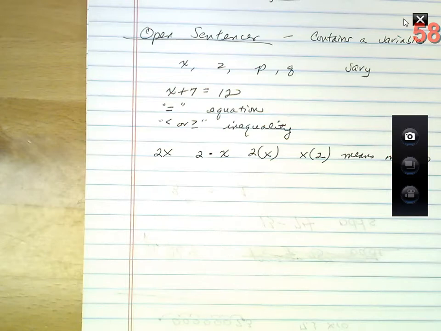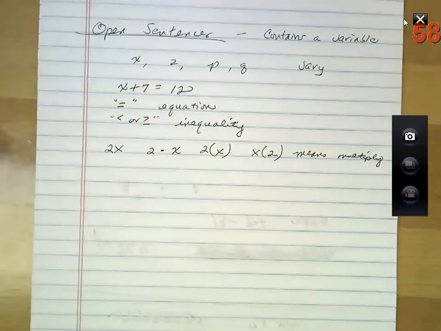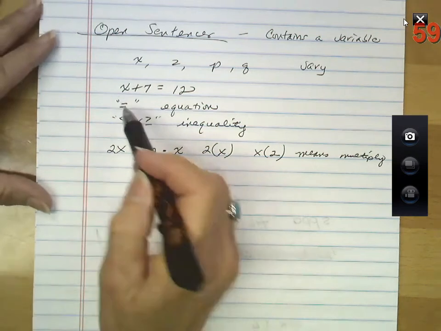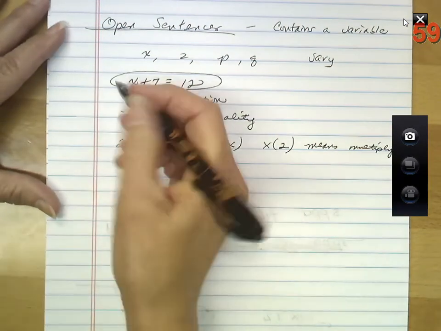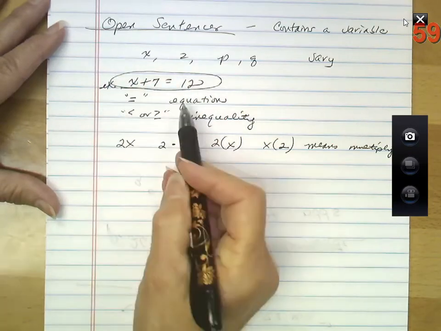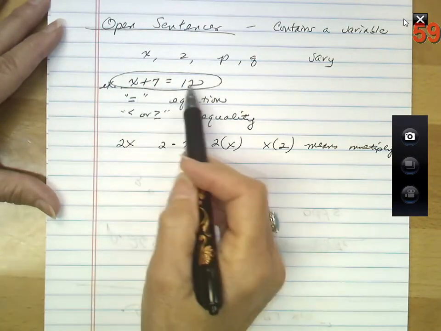So with open sentences, they will have a variable in them, like a P or a Q or an X or a Z. It can vary depending on what the variable is equal to. This is an example of an open sentence. If it has an equal sign, this side is equal to that side.